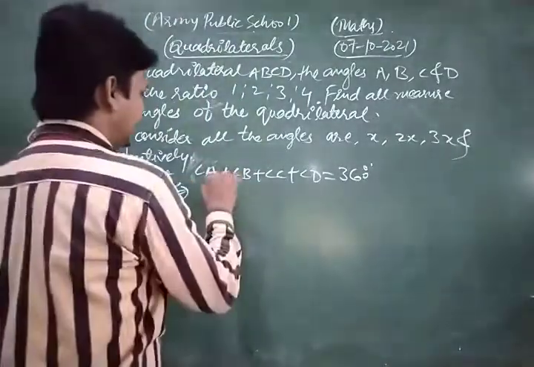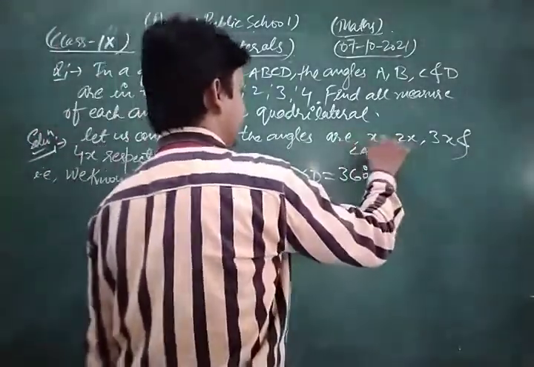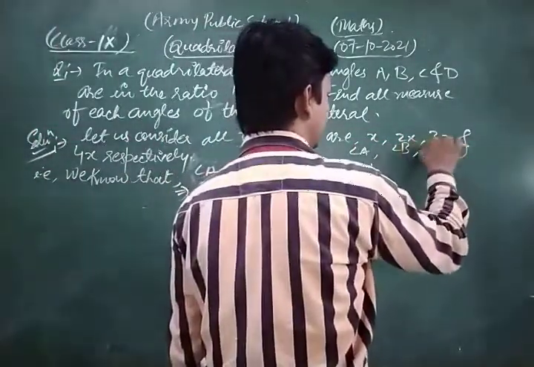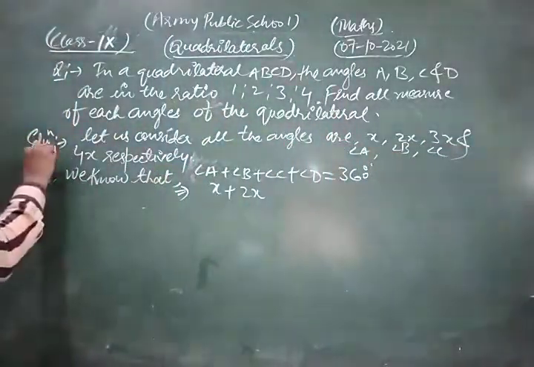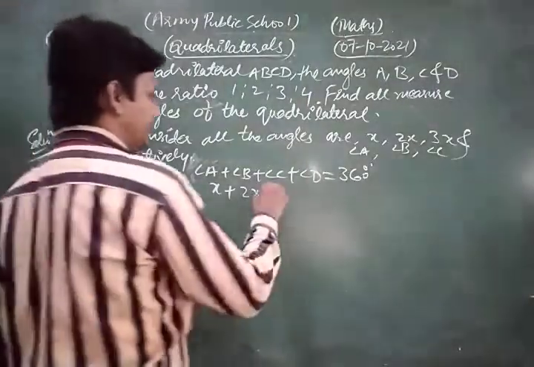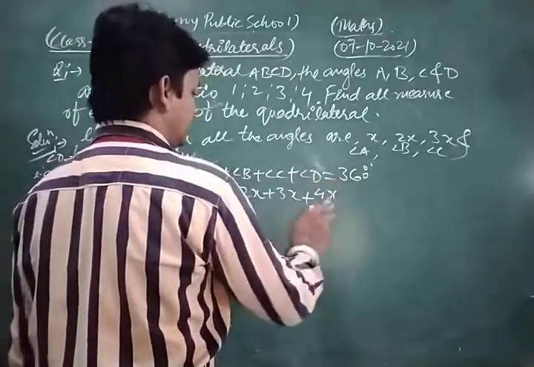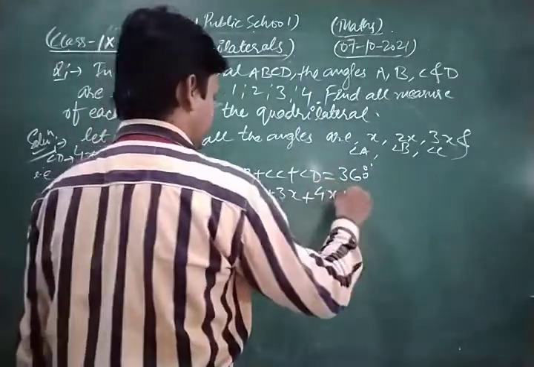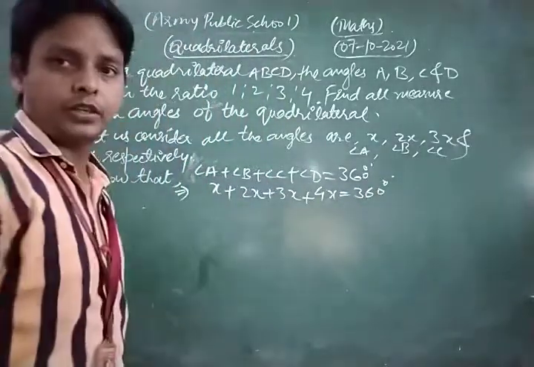So this is x, 2x, this we take as angle A, this is angle B, this is angle C and this is angle D respectively. Okay, now x plus 2x plus 3x plus 4x is equal to 360 degrees.